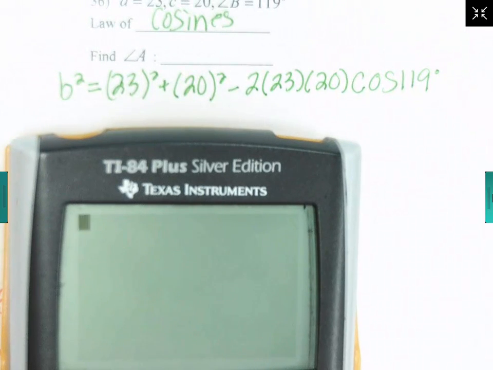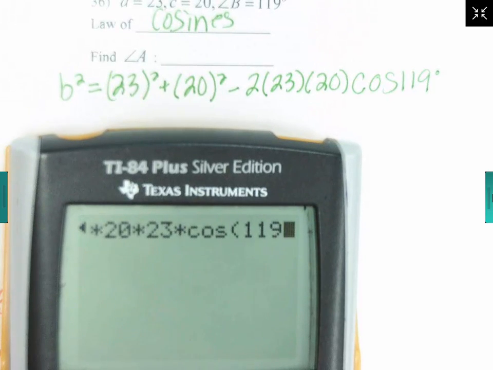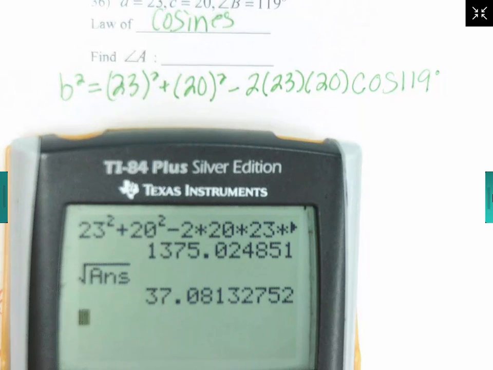Did you take the square root of that? Did you get something like 1,375? Okay, but that's a big number, and we think that we did something wrong, but we didn't, because we're going to take the square root of that, and we get that b is equal to 37.1. Is that correct?